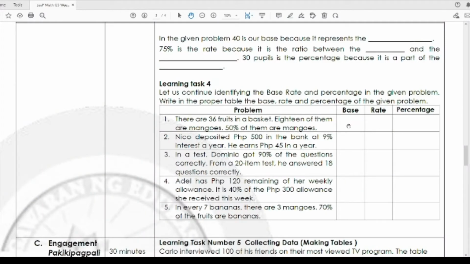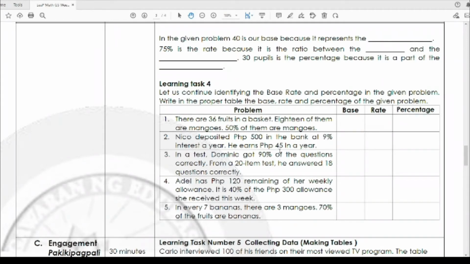So what is our base? How many fruits do we have in a basket? Then for the rate and percentage. Number 2. Nico deposited 500 pesos in the bank at 9% interest a year.